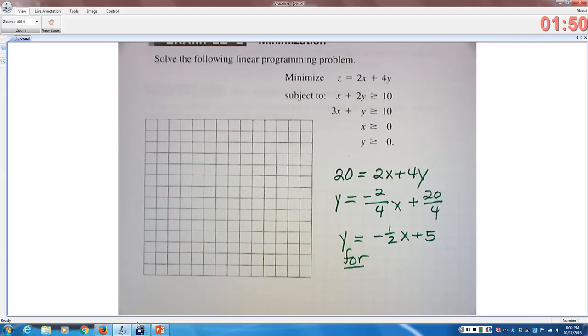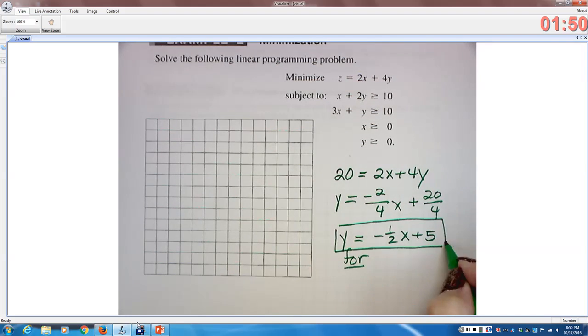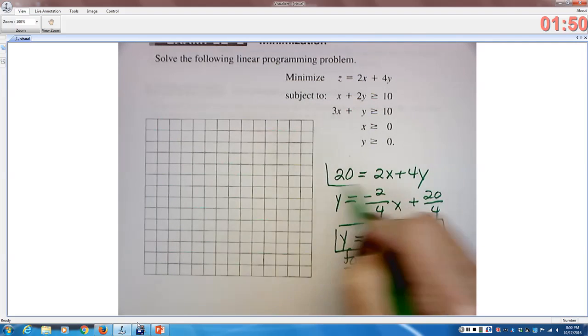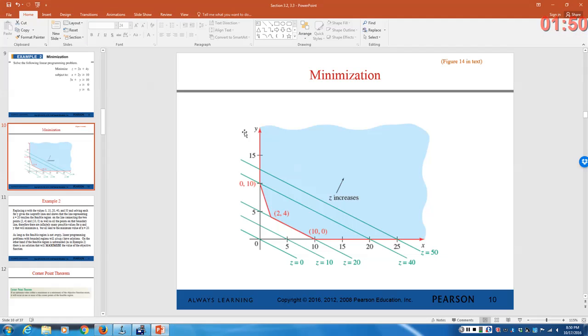Now, here's where the restrictions have to come in. They will suit this equation, which is the same as suiting that equation, so you can use either one, but you have to keep your x values within a certain boundary. So we go back to the graph. X has to be larger than 2, but less than 10.